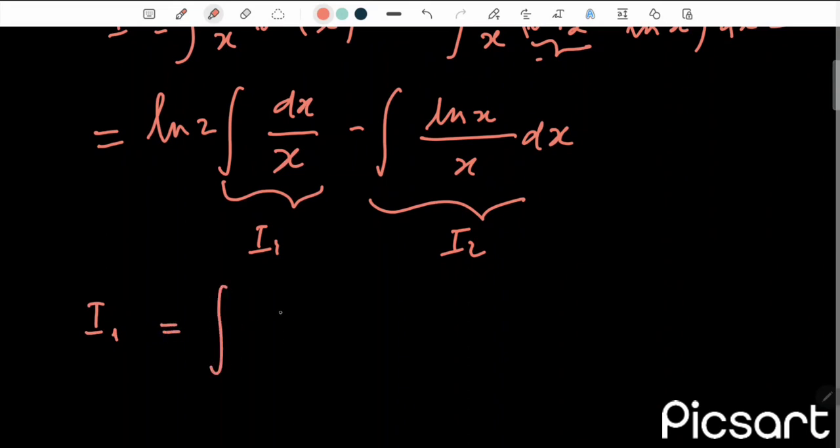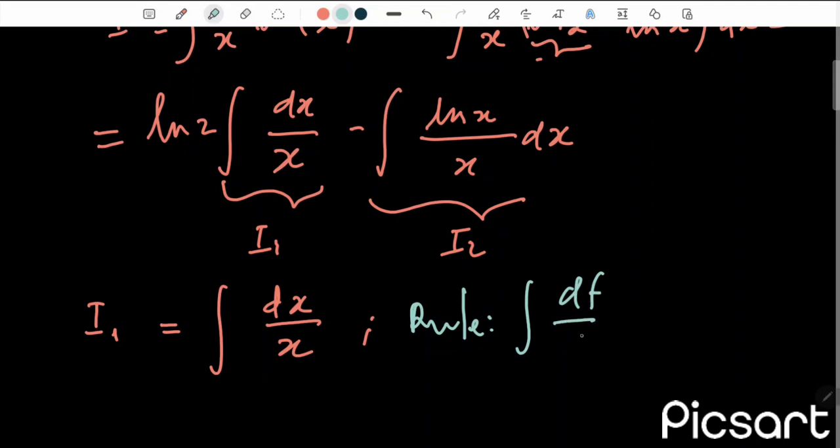For I1, I have only the integral of d of x over x, and to solve this part we must remember the following rule: the integral of d of f over f is equal to ln of f plus c.